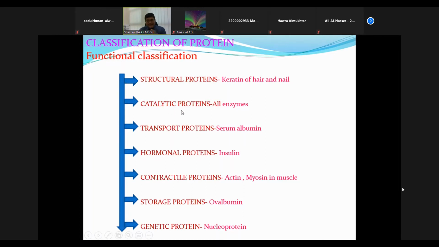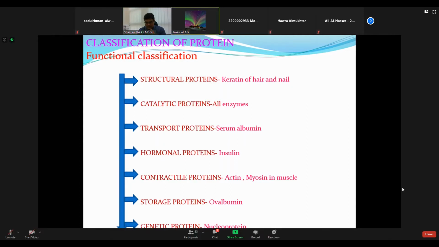Next, catalytic protein, like all enzymes. Did you hear about catalyst in chemistry? What is a catalyst? It accelerates the rate of the reaction.